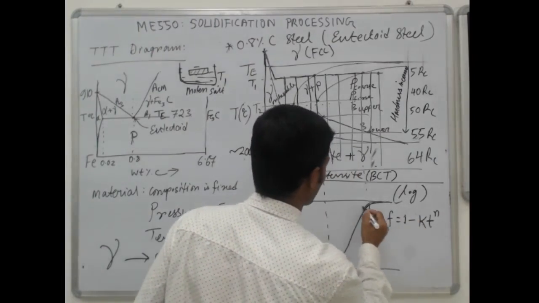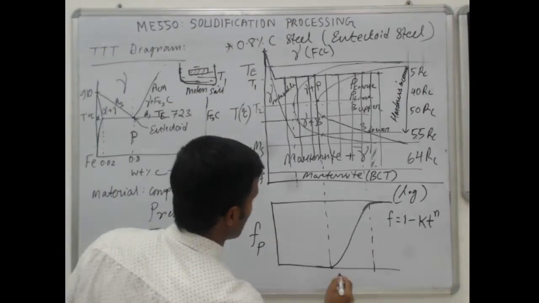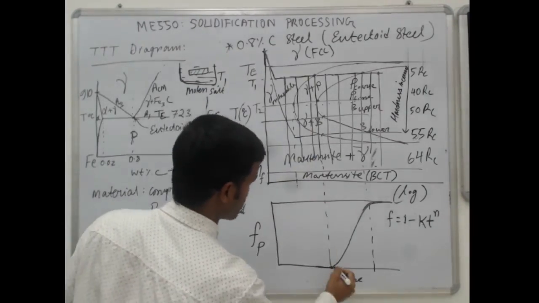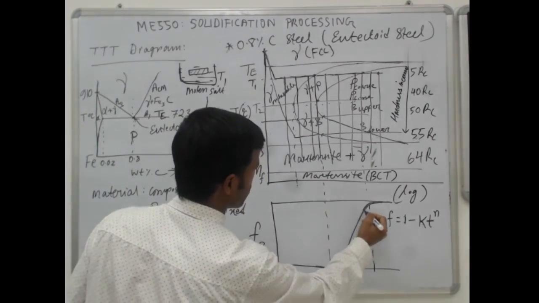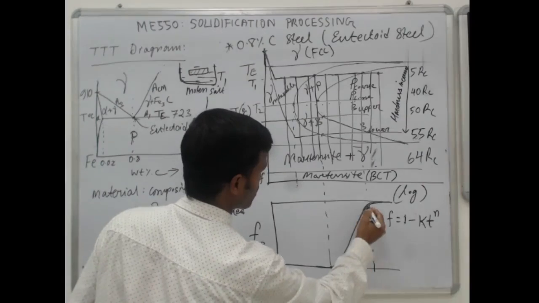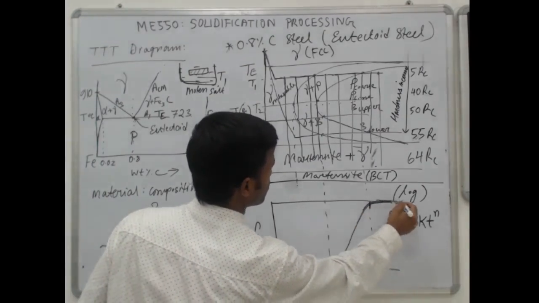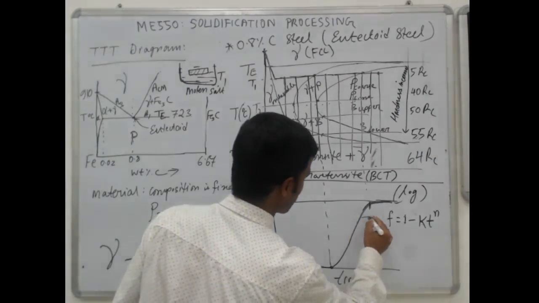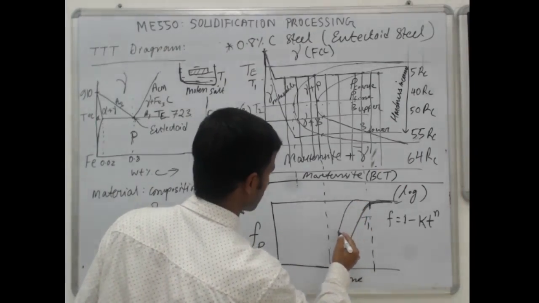So this is a kind of S curve. With time, the volume fraction of pearlite increases slowly at first, then rapidly, and then once you increase the time further, it will not change anymore. If this is for T1, for T2 it will be shifted like this.